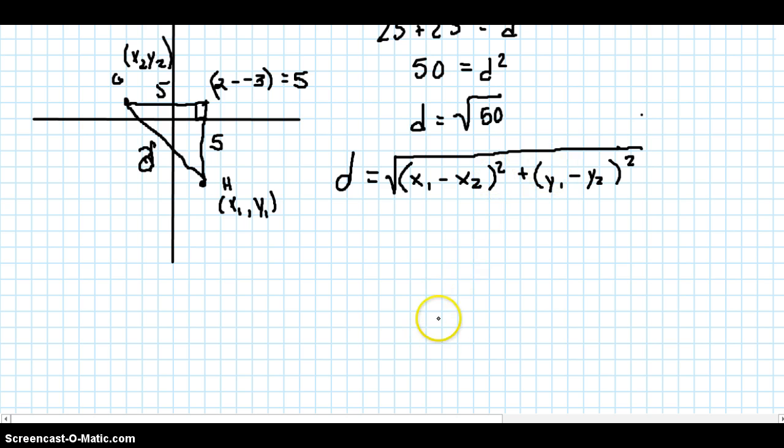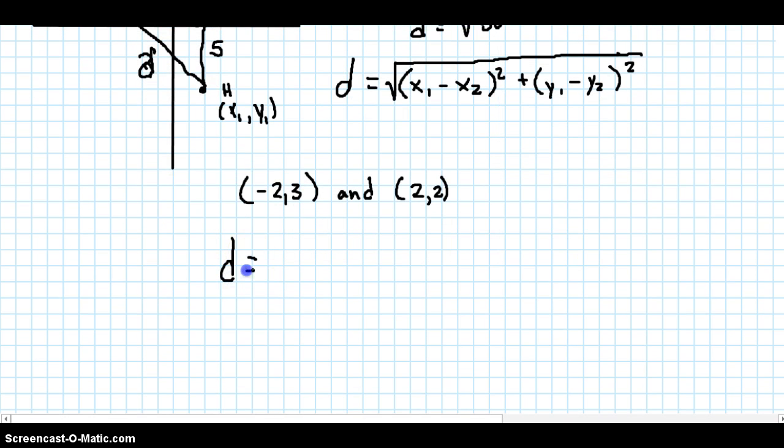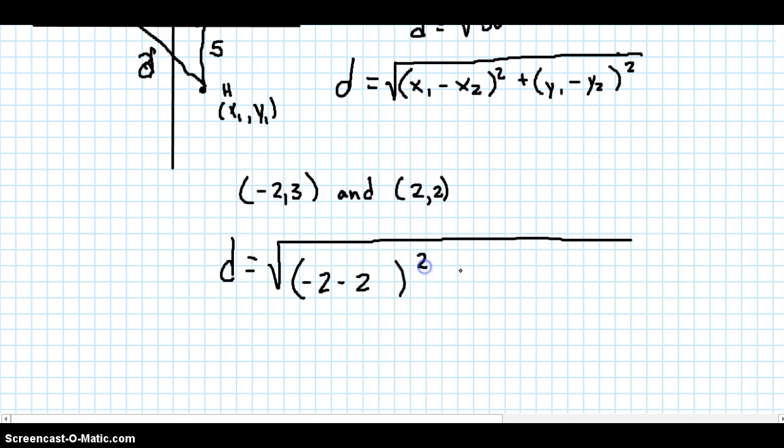So this is our distance formula, and let's use it to find the distance between the points -2, 3 and 2, 2. So what we'll do is we'll put distance equals the square root of x1 minus x2, so we can say -2 minus 2 squared.